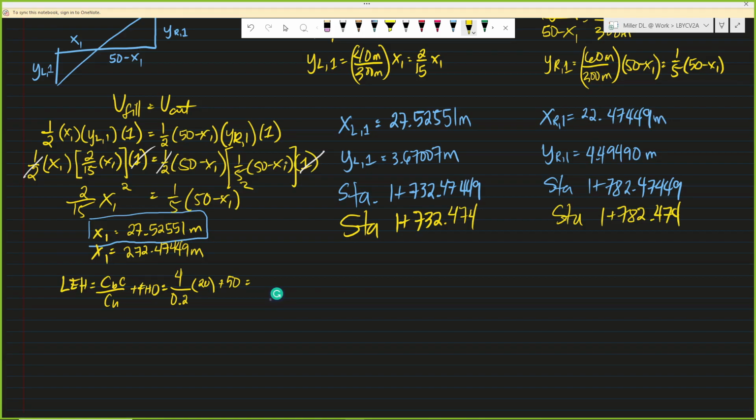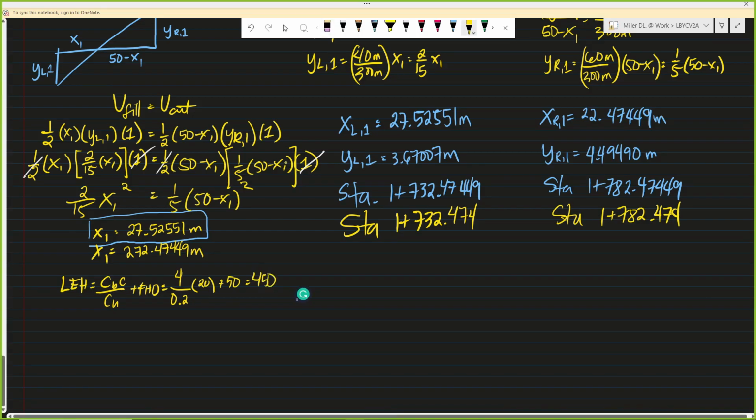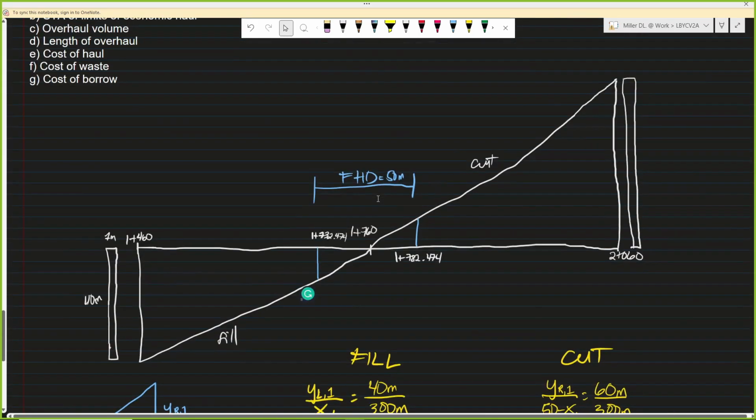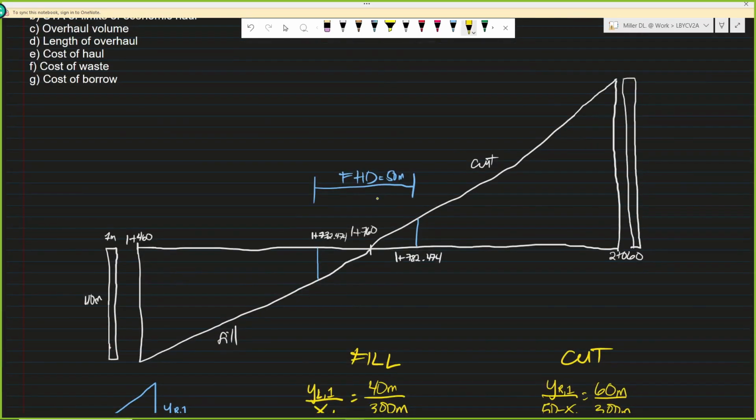So, we have 450. 450 yung economic haul natin. Yung distance.